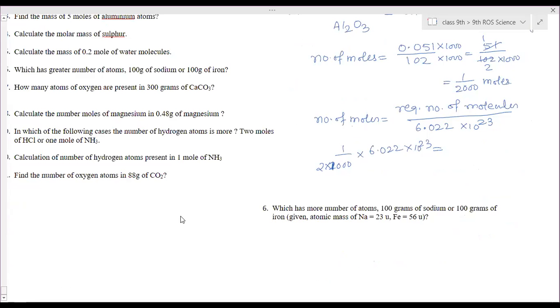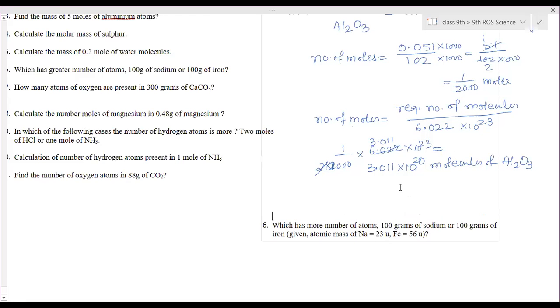With 2 we can divide: 3.011 into 10 power 20. This 10 to the power 3 will go to the numerator as subtraction, so it will become 10 to the power 20 molecules of aluminium oxide present in 0.051 gram of aluminium oxide.